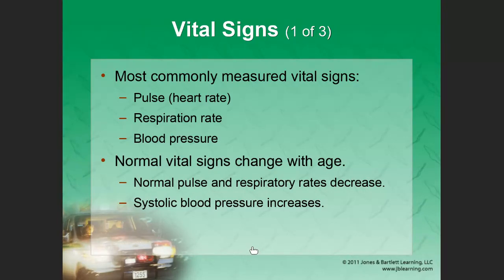So when they breathe in and out, that's 1. You're going to count that pattern of breathing for a full minute, and that would give you the patient's breathing rate per minute.